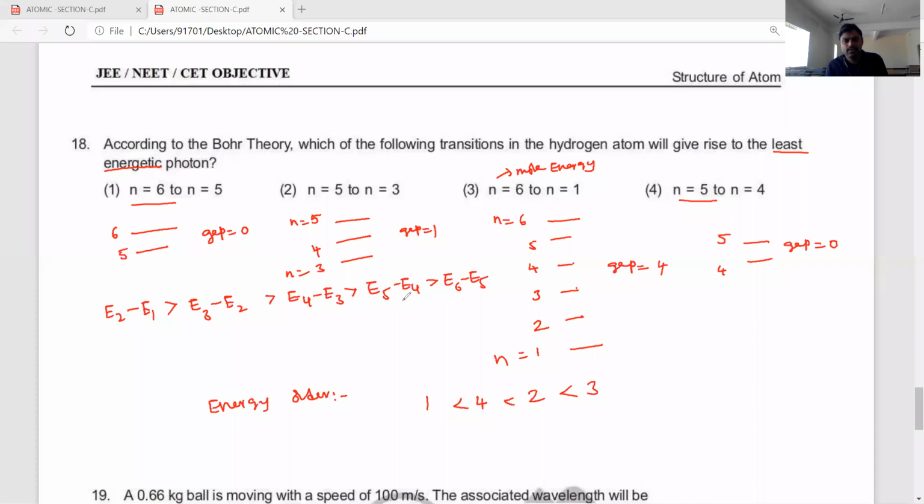See, 4, 5 means n is equal to 5, n is equal to 4. It is more energy when compared to n is equal to 6 and n is equal to 4. So the lower energy is the first one.